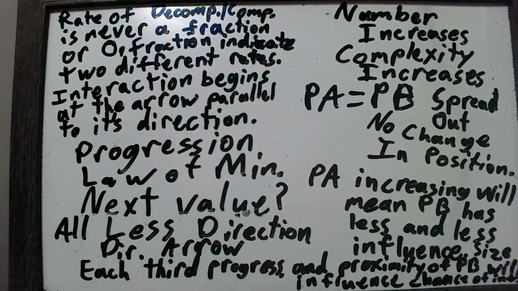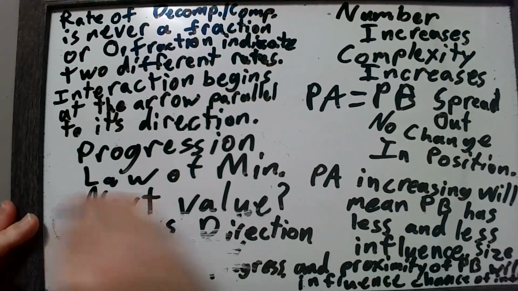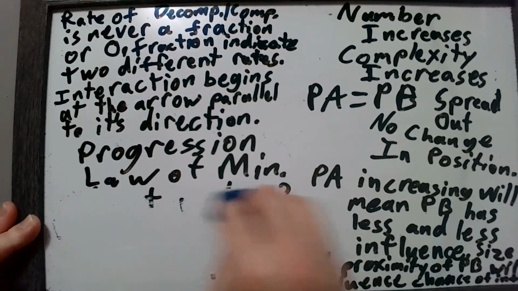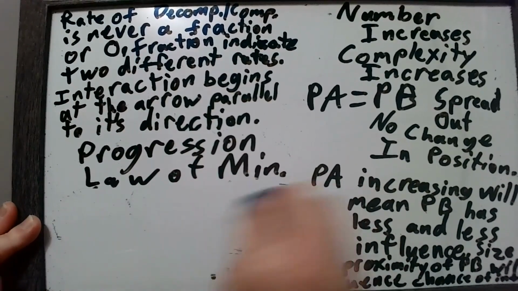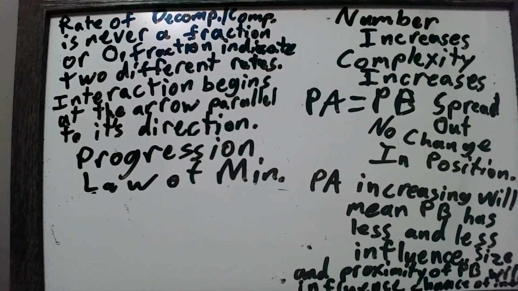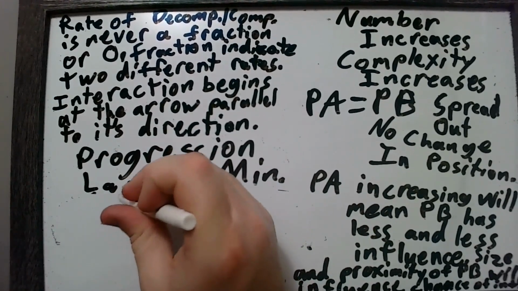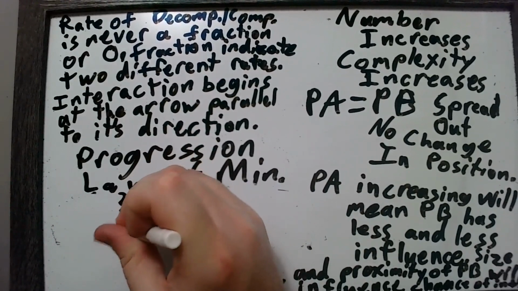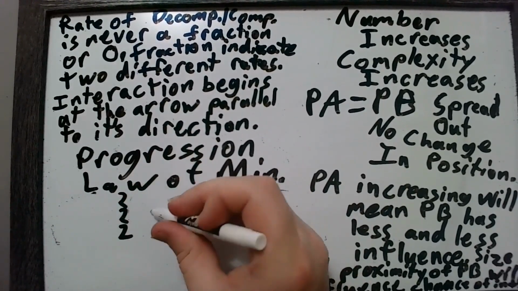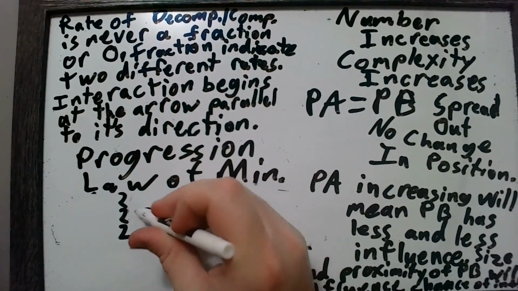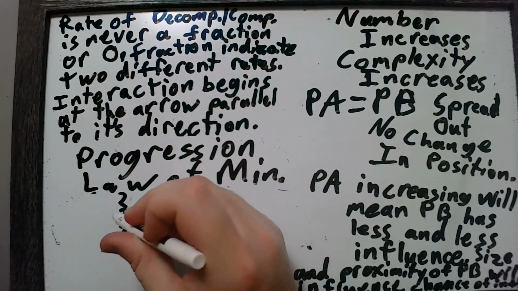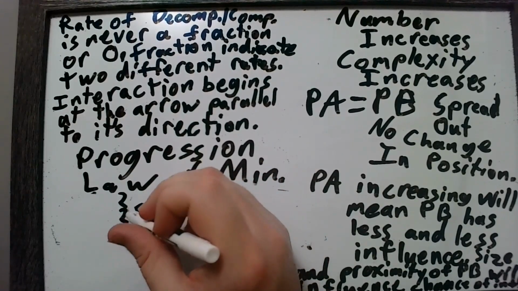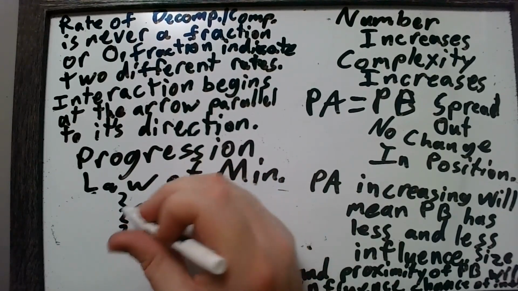So, what does this mean in terms of visual? What does this look like visually? What this means is, if you have all 2's and you have a 3 that's coming in, it's going to go in the direction of the arrow, right?